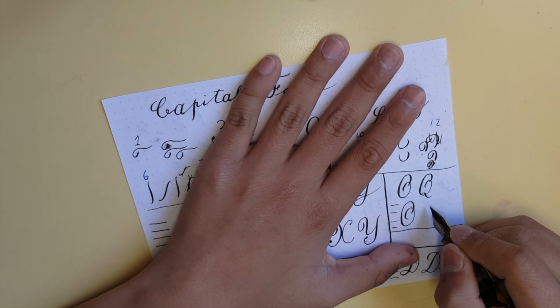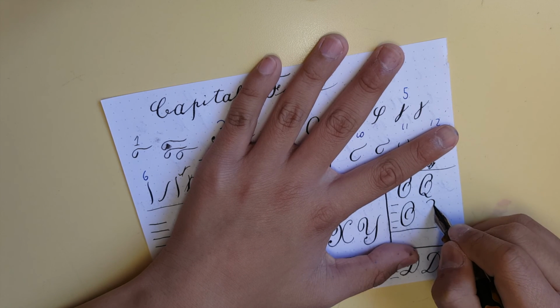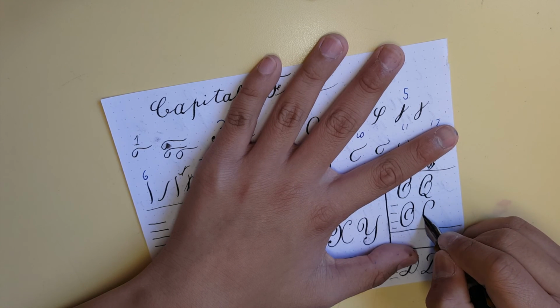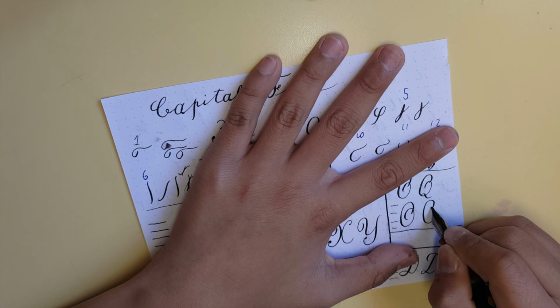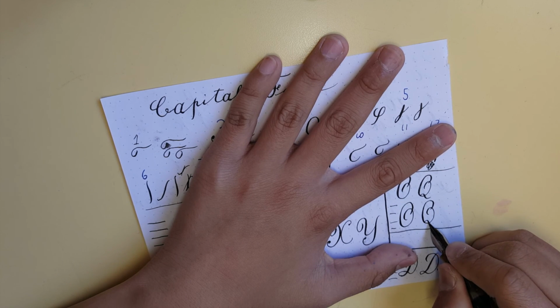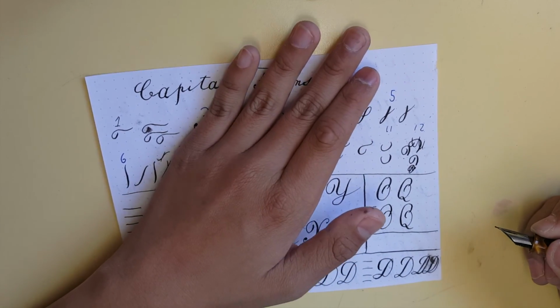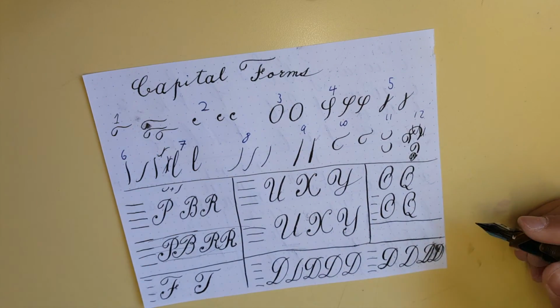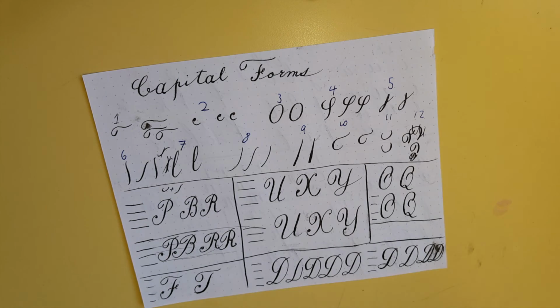That's the O. And then the Q again, first stroke, then bad 6. However, at the bottom of the Q, we have our little compound curve to show that is a Q and not an O. Practice both of those for 1/4 of a page.